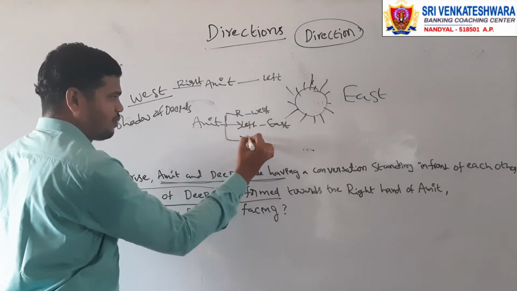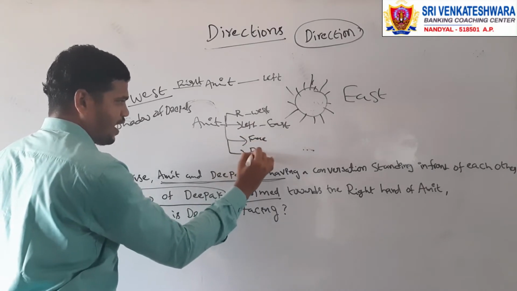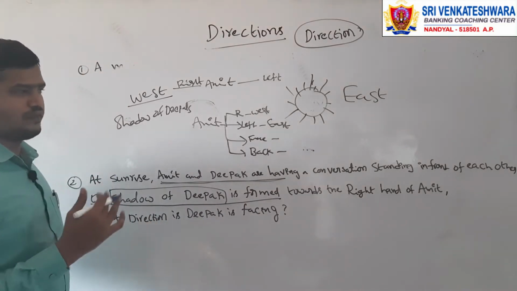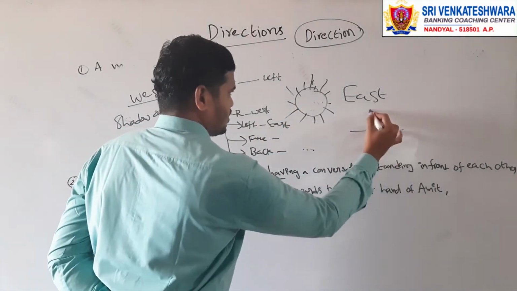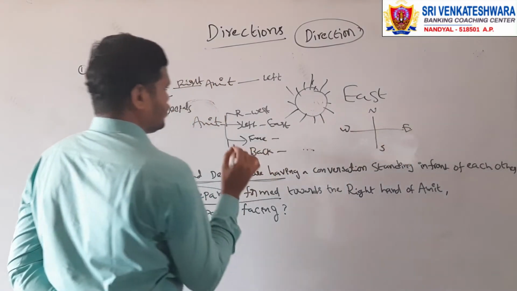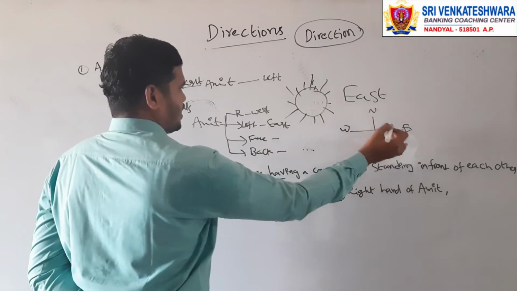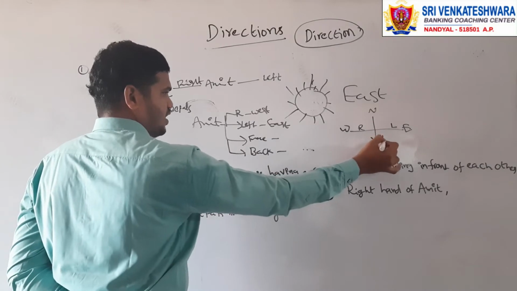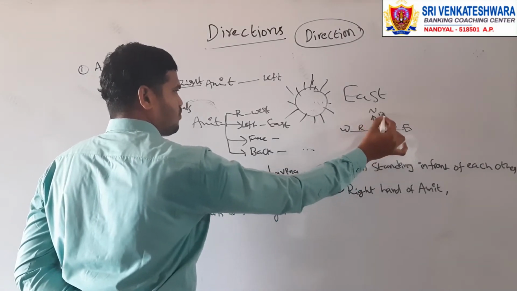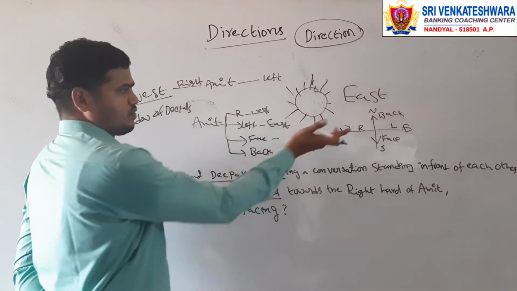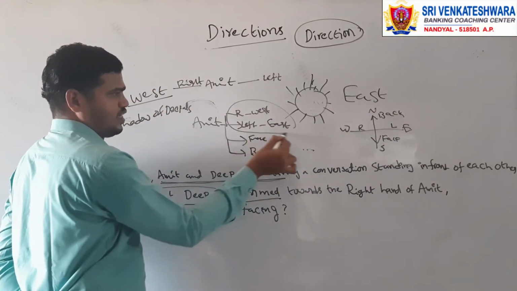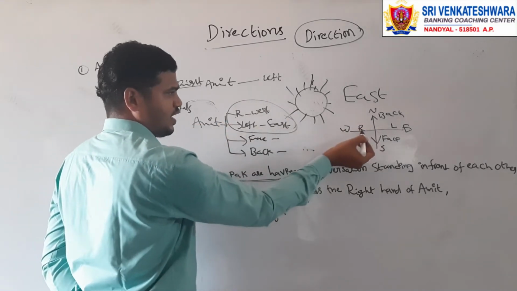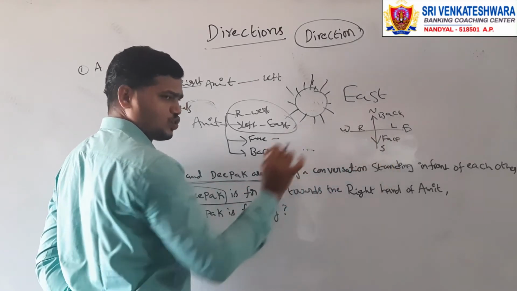Already we have discussed what is left and right when a person is standing towards east. In the same manner, with north, south, east, west, the right is west and this is the left, so automatically this is the face and this is the back of Amit. Is it clear? Right is west, left is east, and so the face is towards the south.